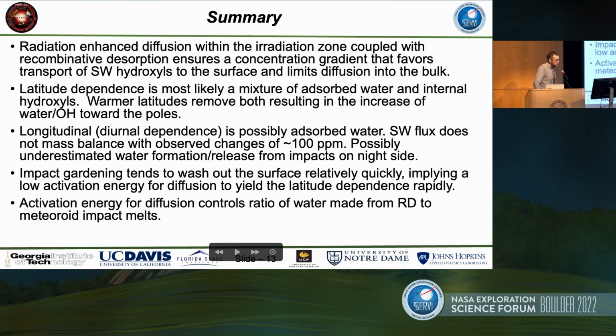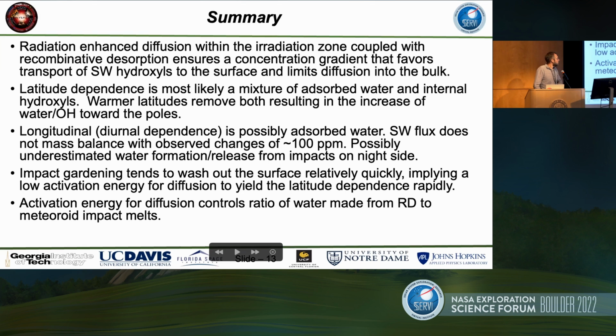So in summary, the radiation zone allows for transport within much easier in that zone and inhibits diffusion into the bulk, especially when you couple that to a surface loss. The latitude dependence is most likely a combination of OH and water, since the warmer latitudes remove both of those. If there is a longitude or diurnal dependence, it's possibly adsorbed water, since the solar wind flux doesn't mass balance with the observed 100 parts per million change that we've seen.